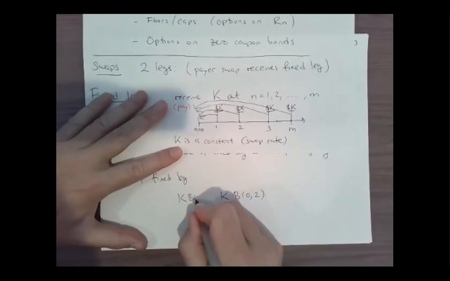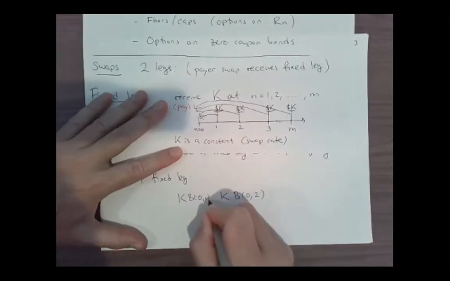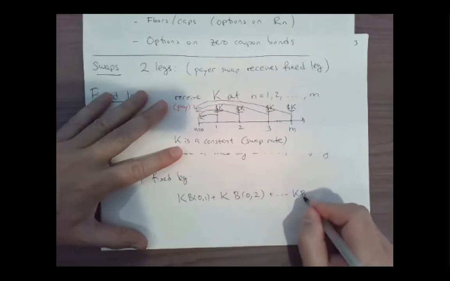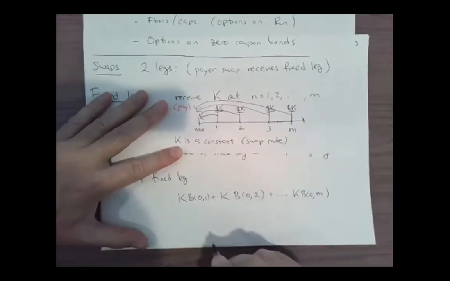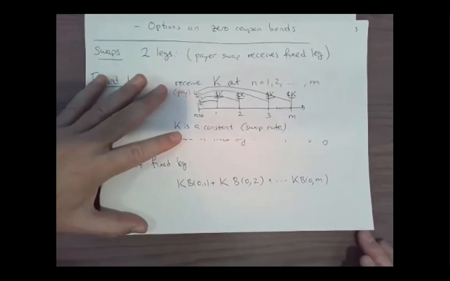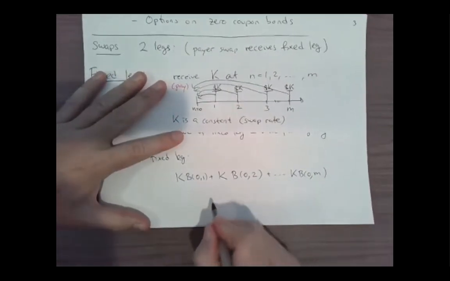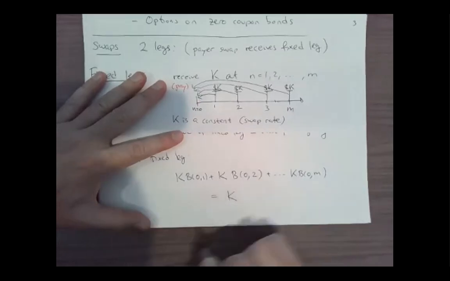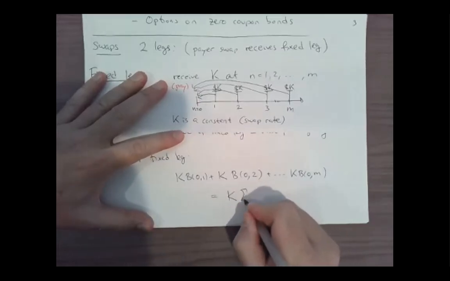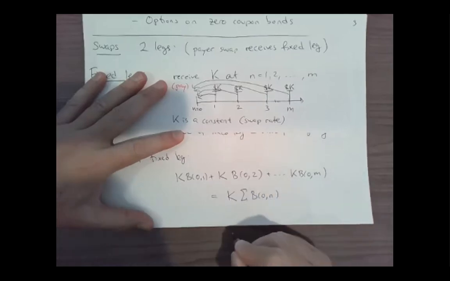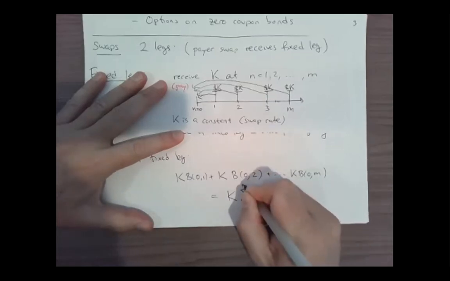That'll be K B(0,1). And then the last one will be K B(0,m). That would be that value, and this would be just, of course, K, and then the sum over zero coupon bonds from time 1 to time m.